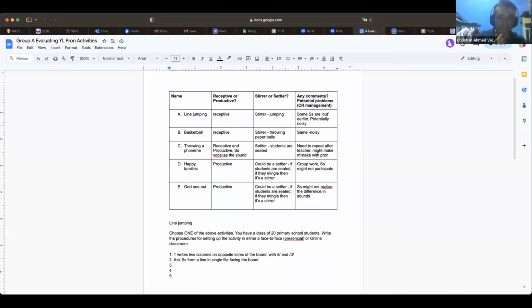Step 3. The teacher tells them they need to jump to the left or the right, depending on the sound of the word.